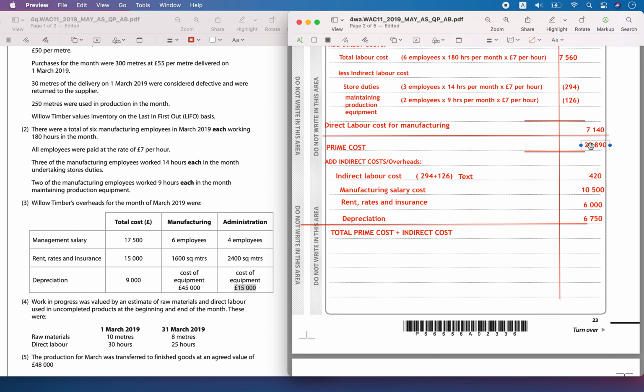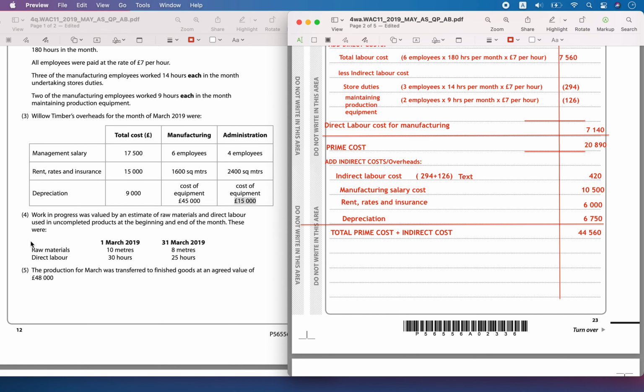So the prime cost is 2890 plus 420 plus 10,500 plus 6,000 plus 6750, that is 44,560. So that is going to be equal to 44,560.